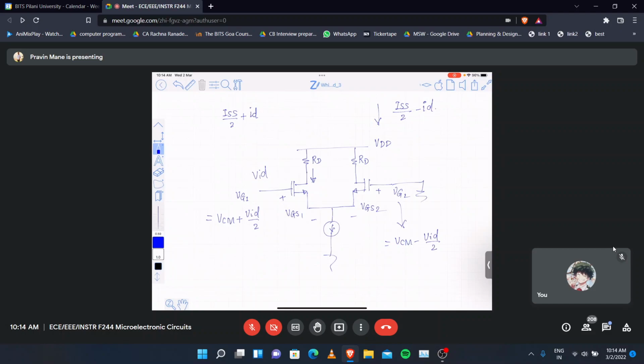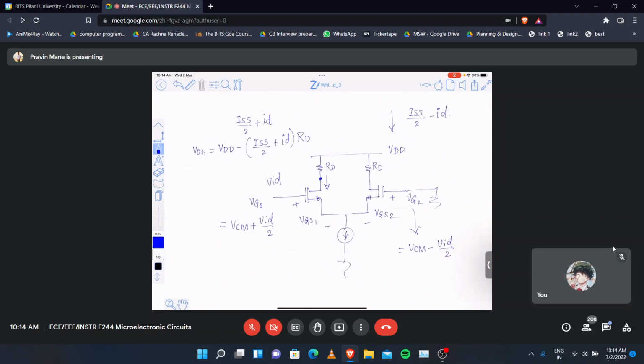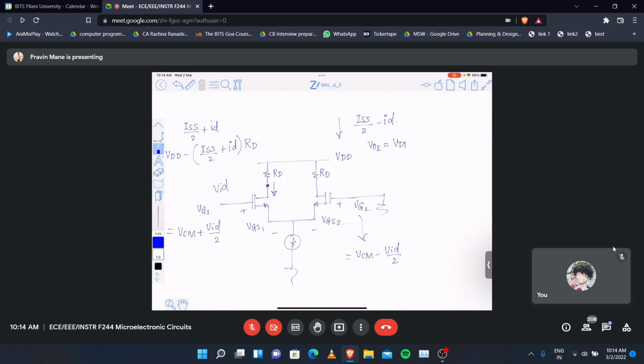Right. So can you tell me what will be the voltage at this point? VO1 will be equal to VDD minus (ISS by 2 plus ID) into RD. Right? And what is the voltage here? VO2 will be equal to VDD minus (ISS by 2 minus ID) into RD.